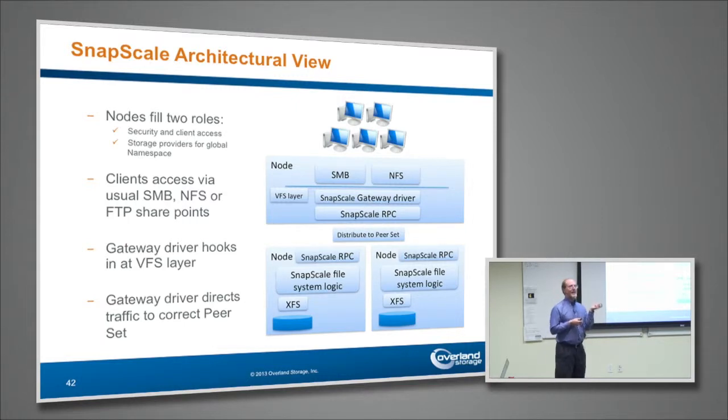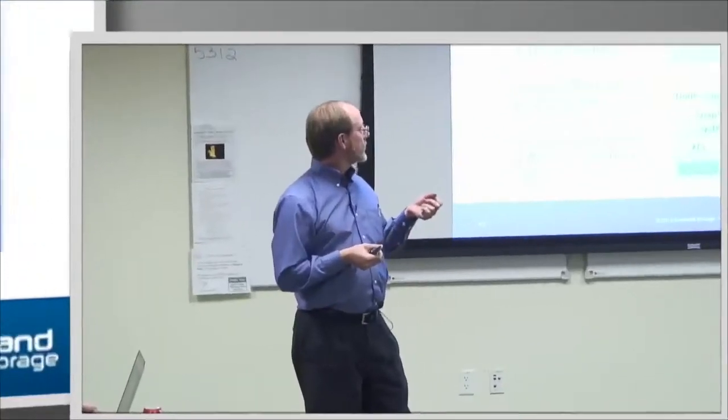From that request, it can actually tell which peer set to talk to find the data or find the metadata. And I'll tell you a little bit more about how that works in just a minute. So then it issues a direct request to the peer set that it needs to talk to. And it knows which node to talk to in order to get to those peer sets.